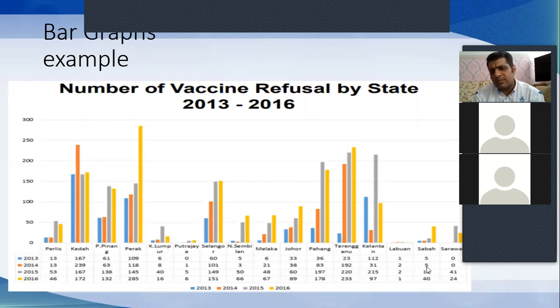In Sabah, starting from 2013 it was a very small number, then 2014 also low, 2015 a little higher, then 2016 was quite high compared to the other years. So this is the simple way we can present the data in a bar graph.